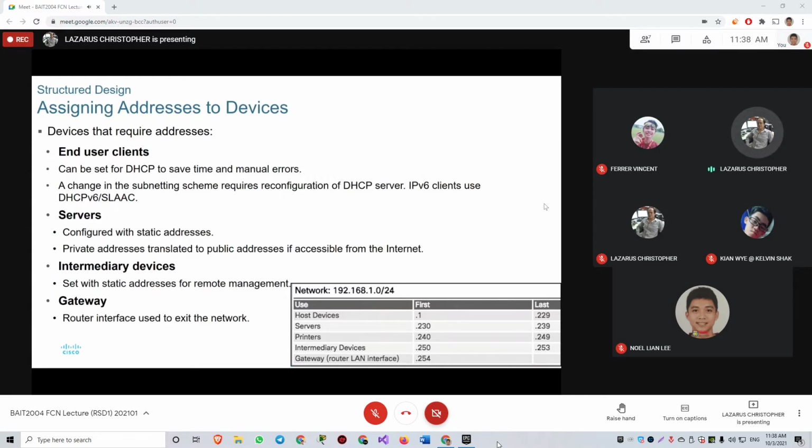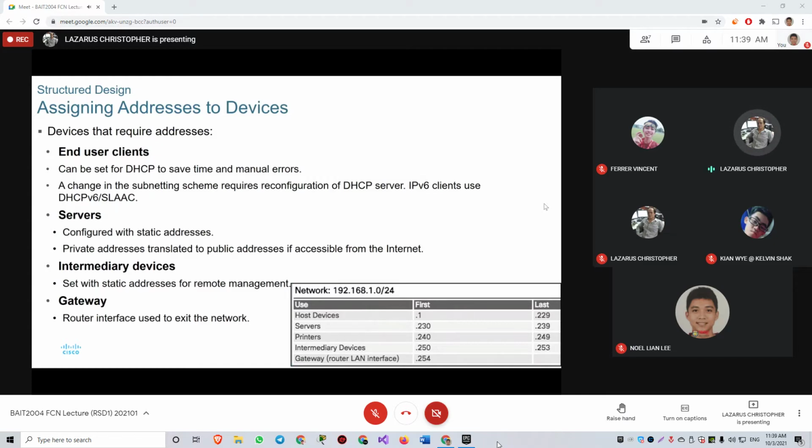So in this example in the box there, you can see host devices are given a range from .12 to .229. Servers, another range, .230 to .239. Printers, 240 to 249. That means you reserve at least 10 addresses for printers, allowing you to potentially have 10 printers.